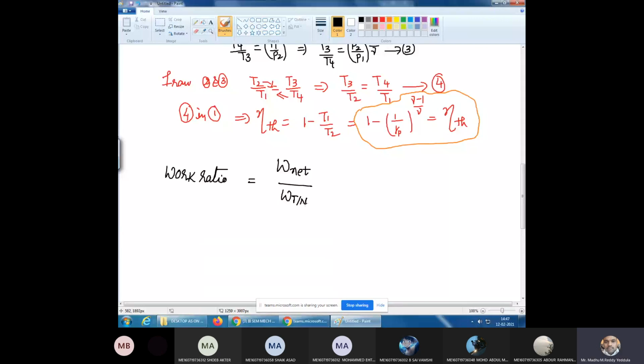What is net work? Tell me, anyone. How to calculate the net work? Net work is nothing but turbine work minus compressor work, divided by turbine work. This is called the work ratio.